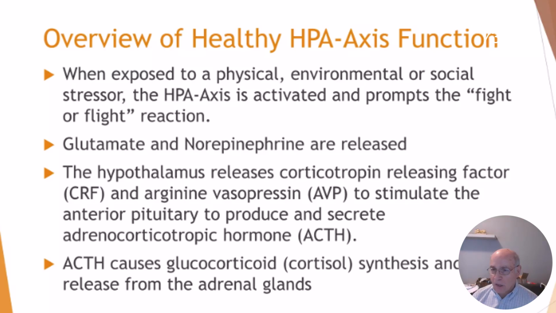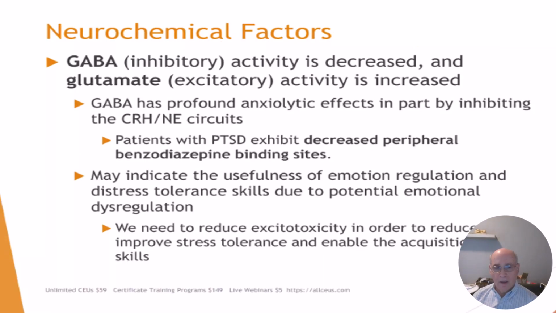That's the gasoline, the fight or flight response. Glutamate, which is an excitatory neurotransmitter, and norepinephrine are released. The hypothalamus releases corticotropin-releasing factor and arginine vasopressin to stimulate the anterior pituitary to produce ACTH, and that has an impact, obviously, on the adrenal glands.